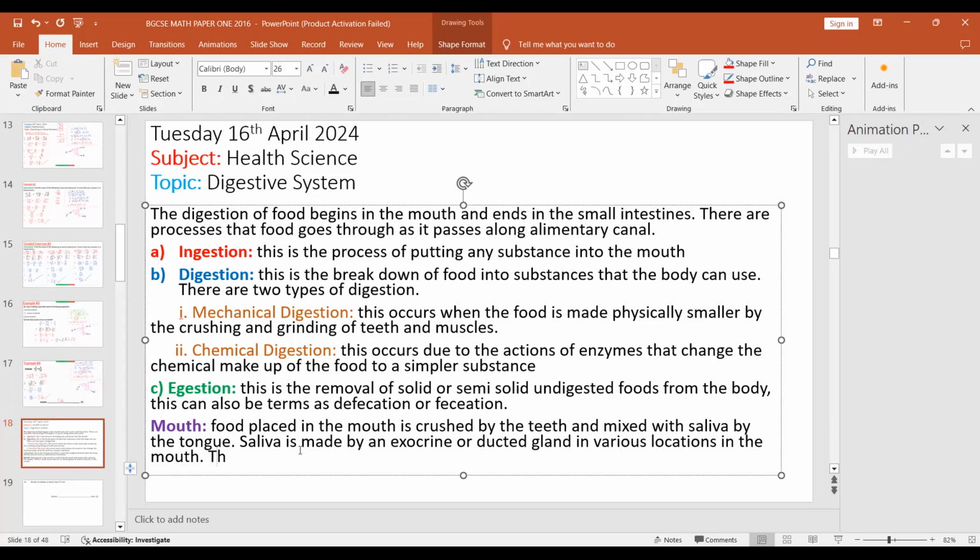The saliva serves two essential purposes.